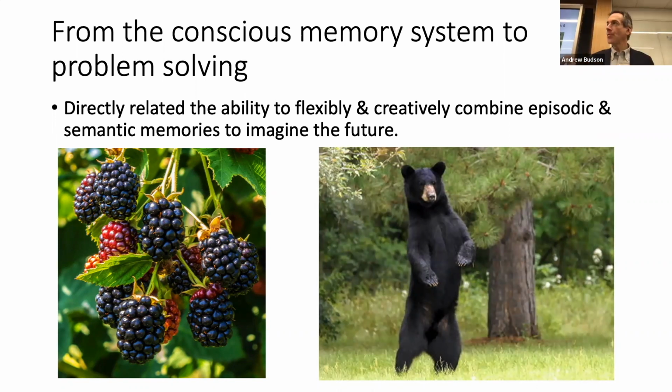And the problem solving comes in when you have these two different possible future outcomes. One, when you were able to pick the berries and you were successful. The other is when you went to pick the berries and you were chased away by the bear. Once you have these both in mind, you can work to problem solve to bring about the future you want and avoid the future that you don't want.